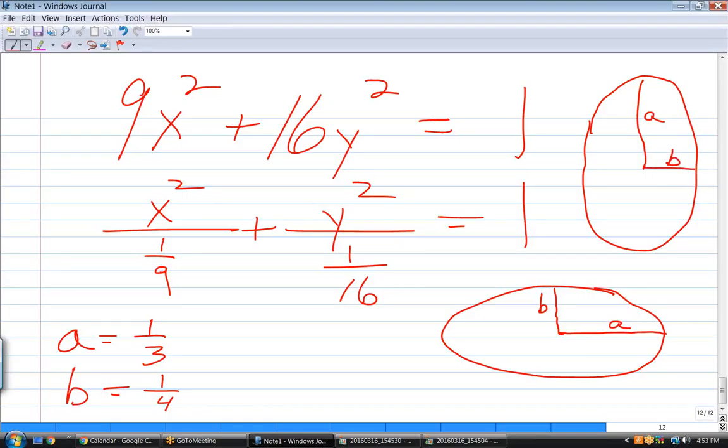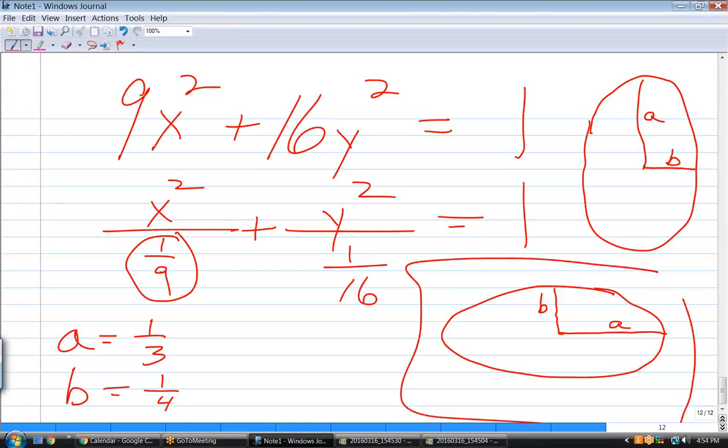So by definition, A is bigger than B. So if you want to figure out whether it's horizontal or vertical, figure out which is the bigger denominator, and it's on that axis. 1/9 is bigger than 1/16, therefore it's on a horizontal axis. This is the picture.